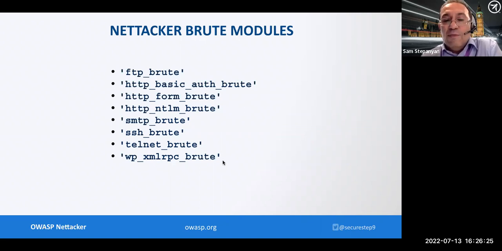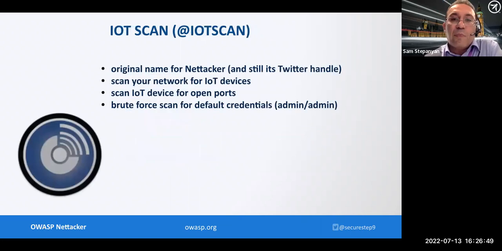If you have a website running WordPress, there is a feature in its XML-RPC component which can be brute forced without going through WordPress's login form. A lot of people don't know about this and forget to disable XML-RPC. And this is how attackers can actually exploit the XML-RPC endpoint and brute force credentials.